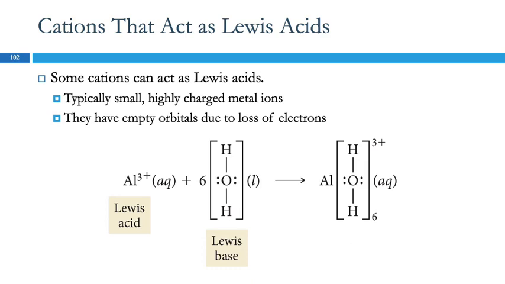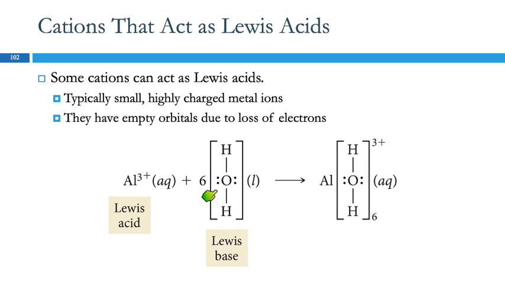So cations can also act as Lewis acids. Now, remember we said that small, highly charged cations can be acidic, right, from a salt solution. So here is a little more information about how that happens. So aluminum with a 3+ charge has empty orbitals, right?